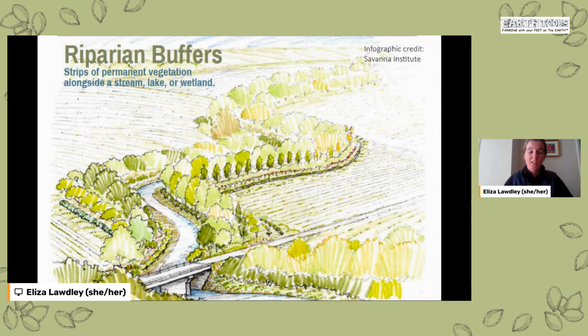Thankfully, in Durham County, the Army Corps of Engineers maintains a buffer along the lake. But many, many farms do not have that luxury of having resources at the ready to maintain and plant these buffers. So if we can make them productive parts of our farms through agroforestry, then we can start bringing in yields and some income from these riparian buffers.